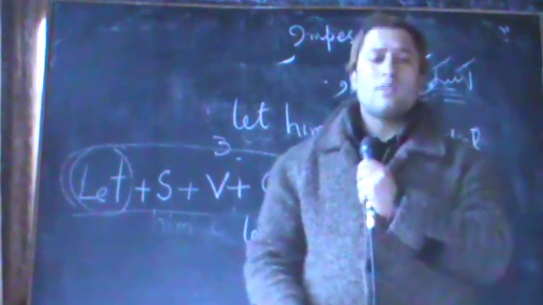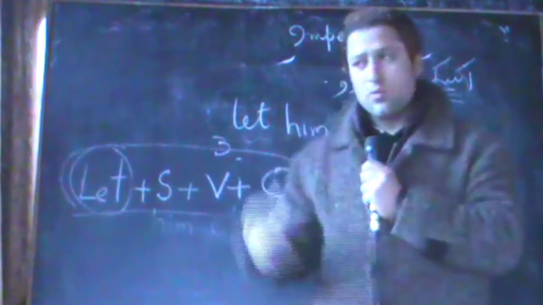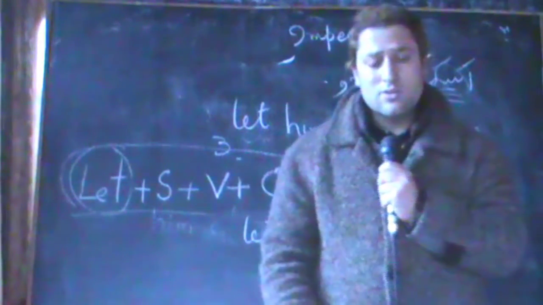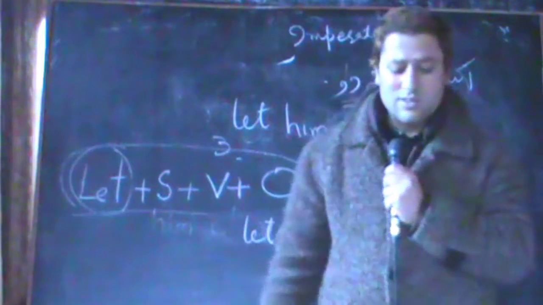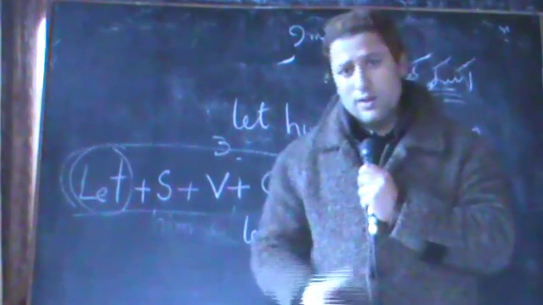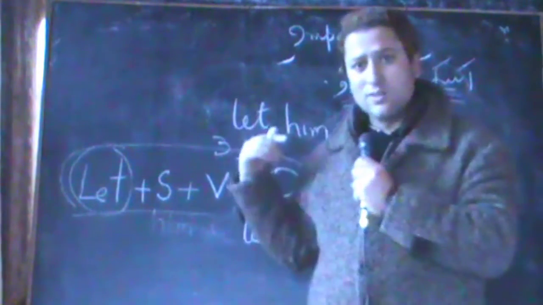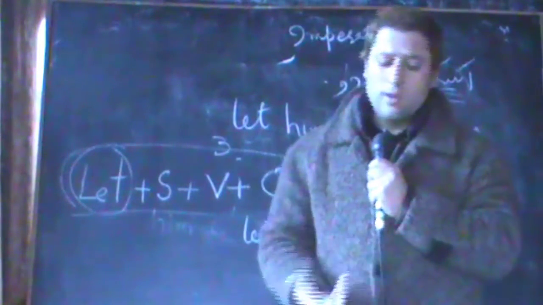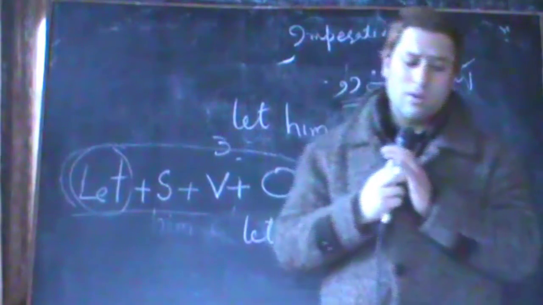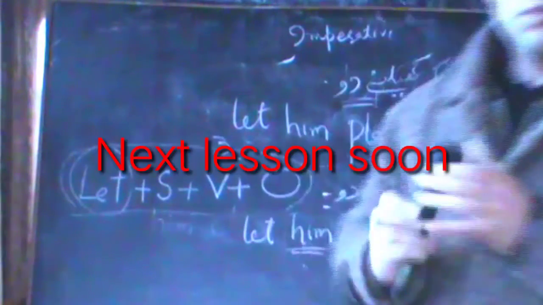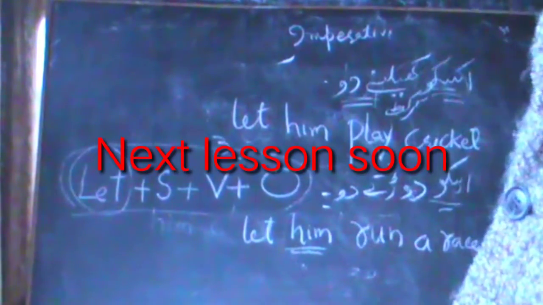Or you can say उस लड़की को गाने दो, let that girl sing a song. और उस एक लड़के को चढ़ने दो, let that boy climb. मुझे खाने दो, let me eat. मुझे दौड़ने दो, let me run.